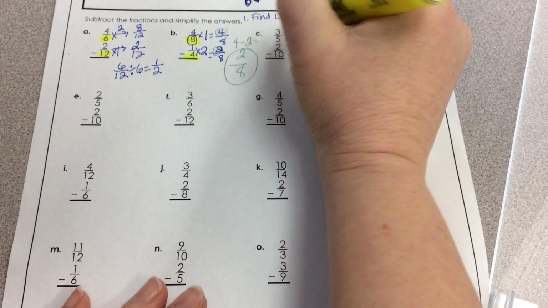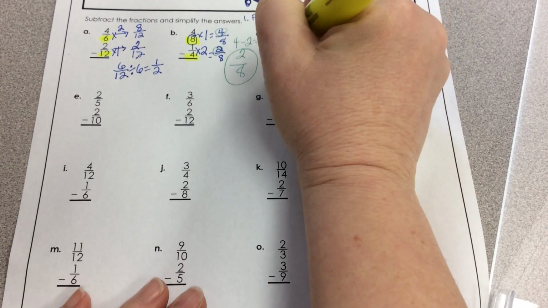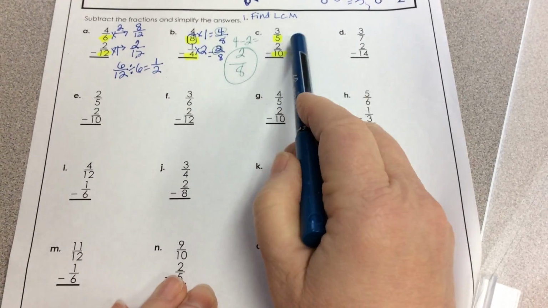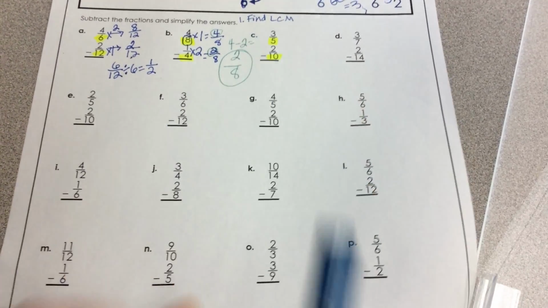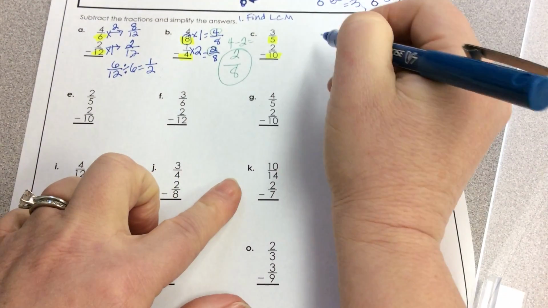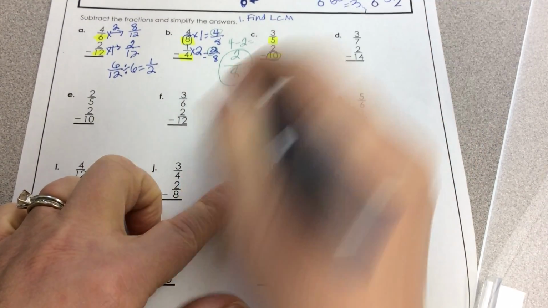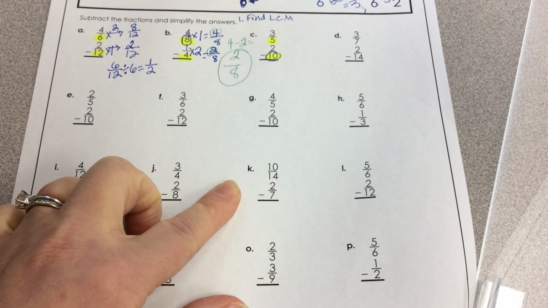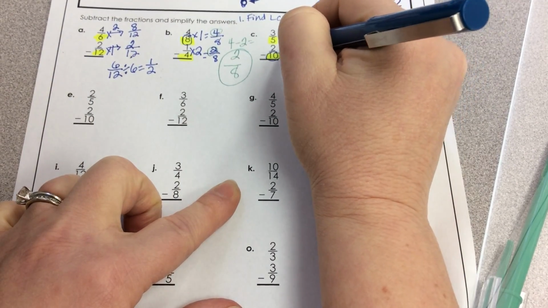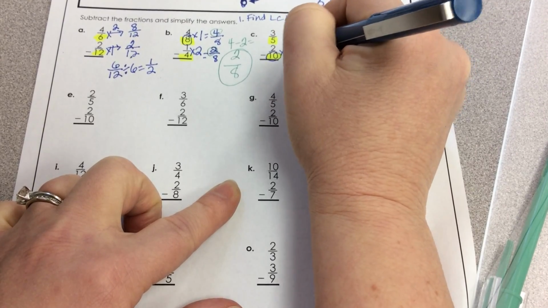So, you have, again, here are our denominators, 5 and 10. What is the least common multiple? It already is one of those denominators. It is 10. So since 10 is the least common multiple, it is also the least common denominator. We're going to multiply that fraction by 1.